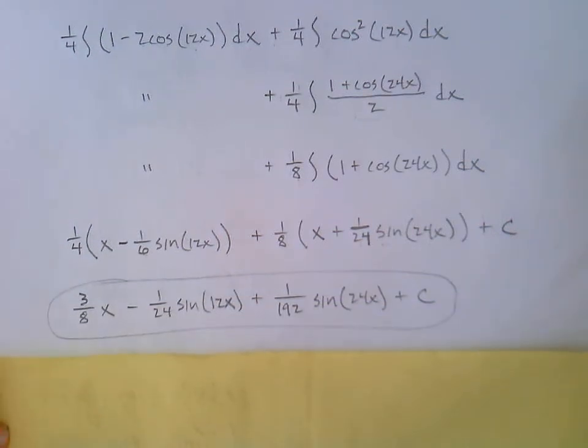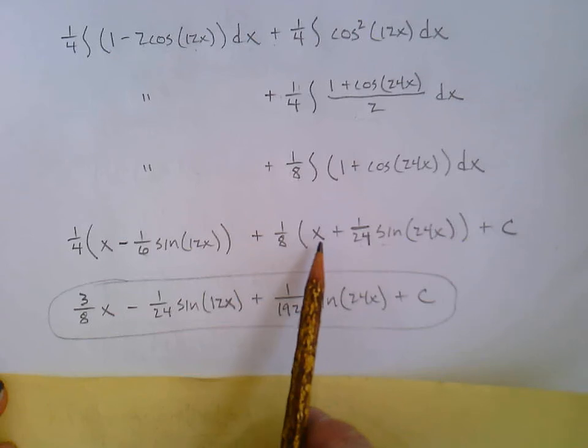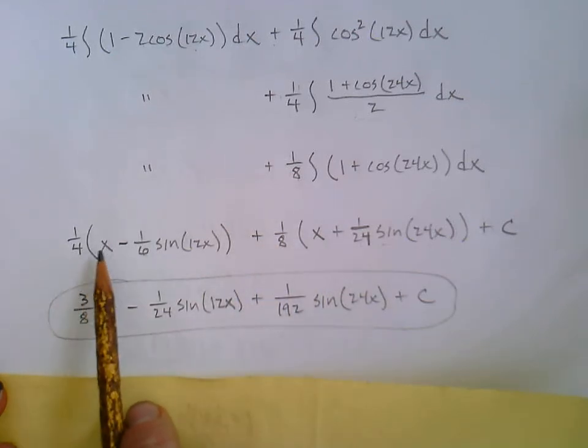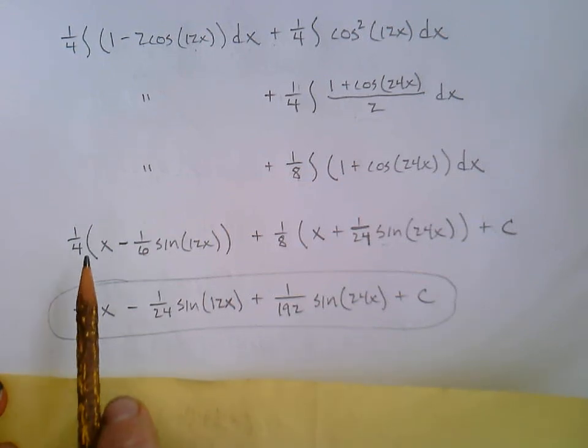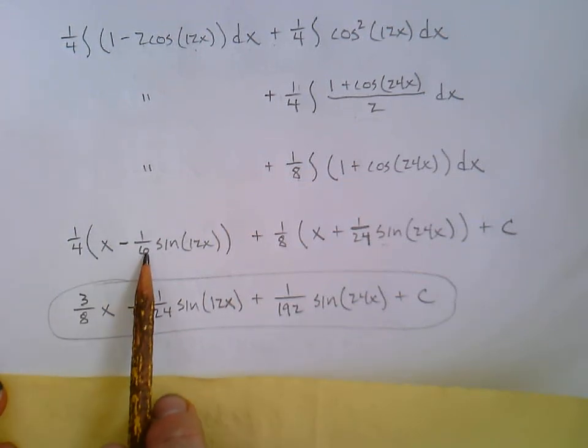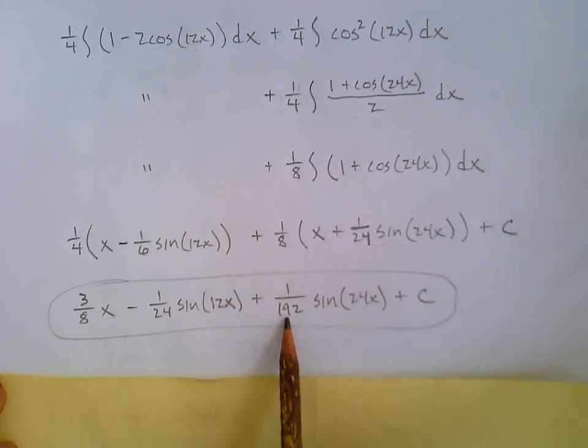And so here's the final. I went ahead, distributed the 1/4, distributed the 1/8. I went ahead and combined those x terms. You'll get 3/8 x. And then the rest is right there, right? Minus 1 over 24 sine 12x plus 1 over 192 sine 24x plus C, and we got it.